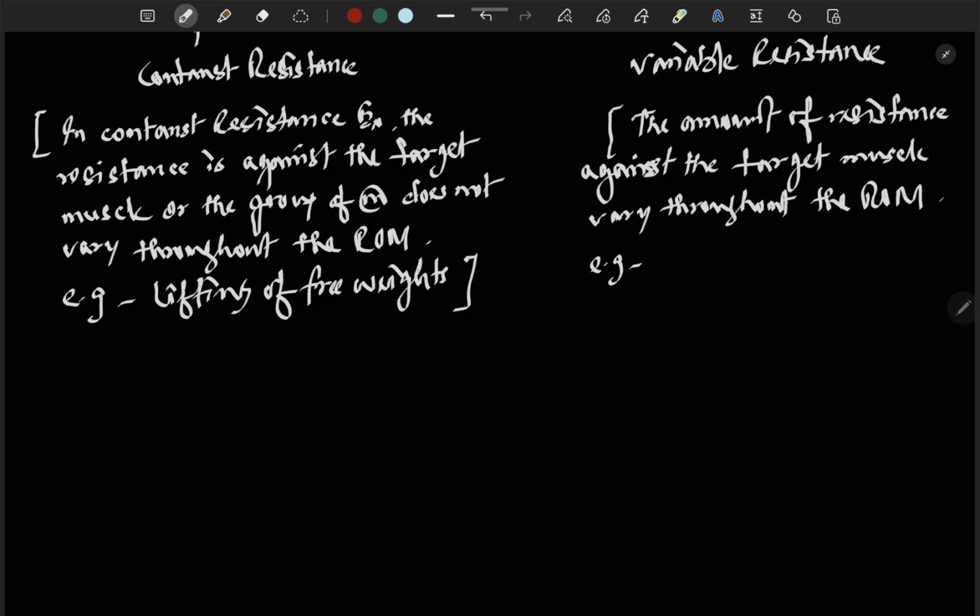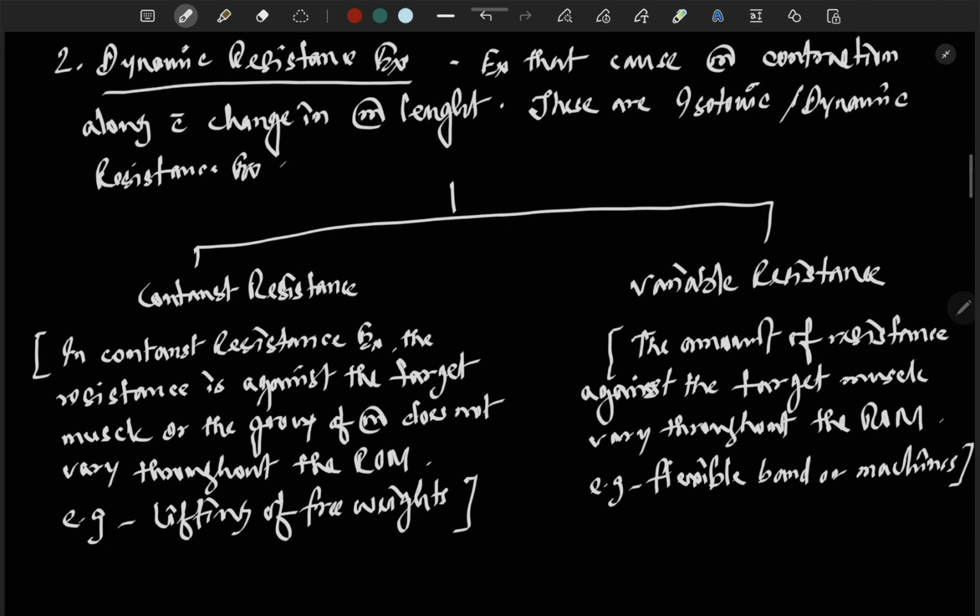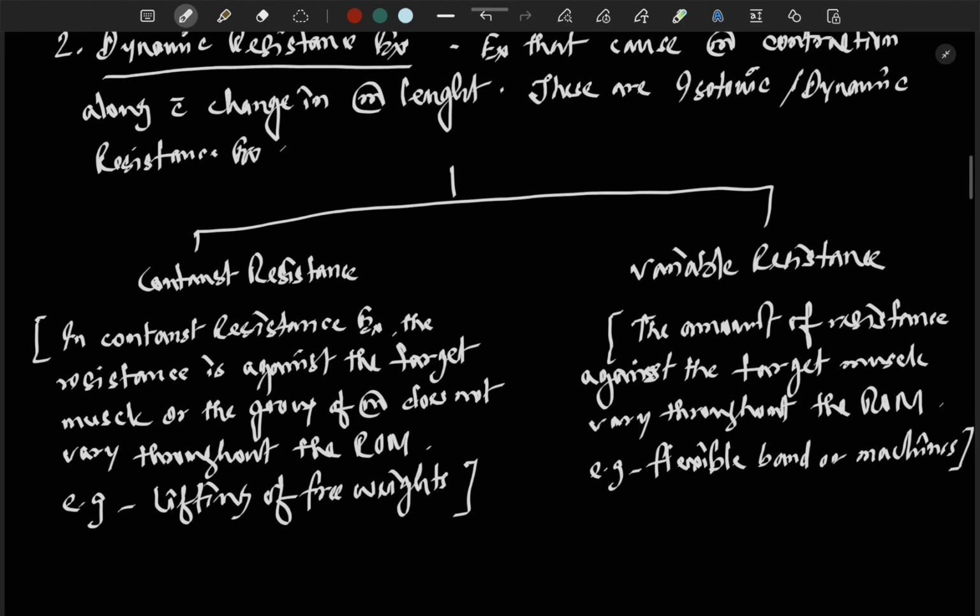Example is flexible band or machines. So these are the dynamic resistance exercise.